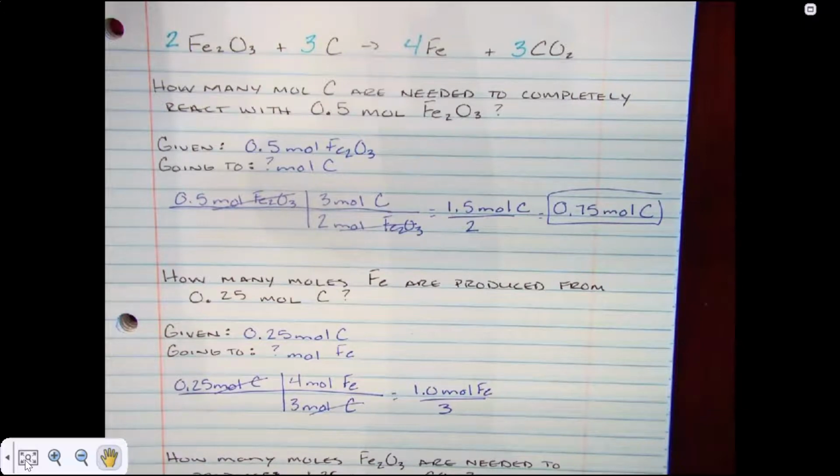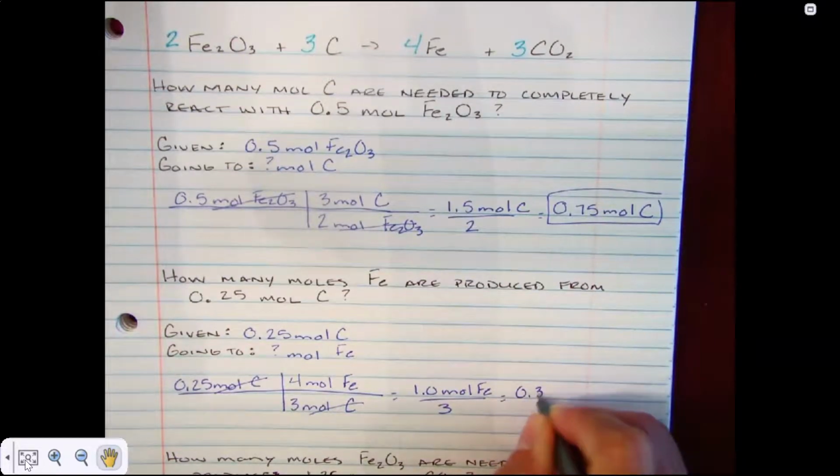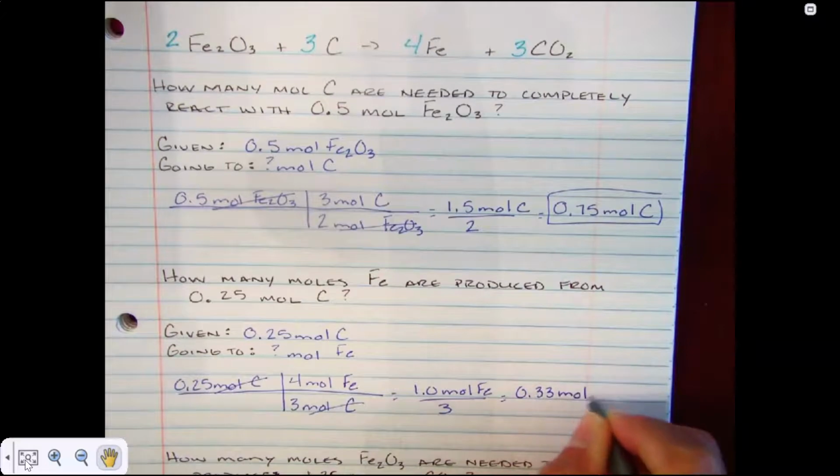And what are we going to get? So 1.0 divided by 3 equals 0.33 mole Fe.